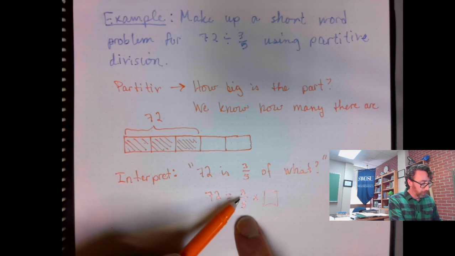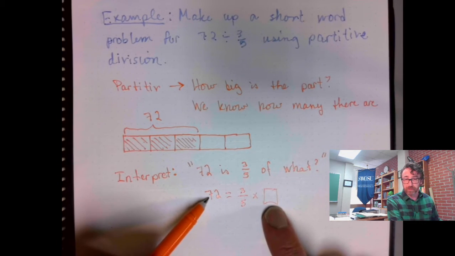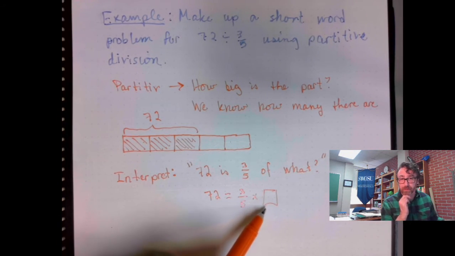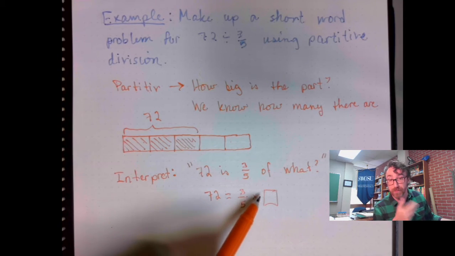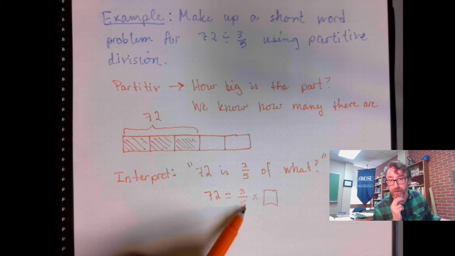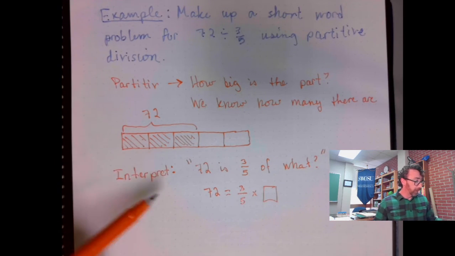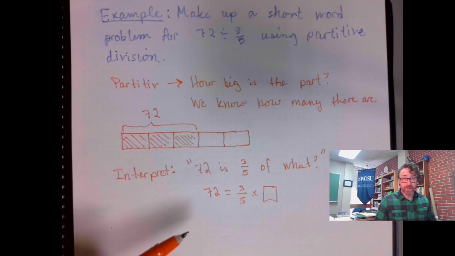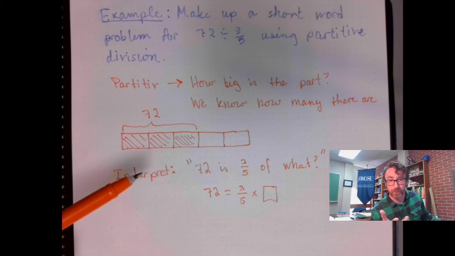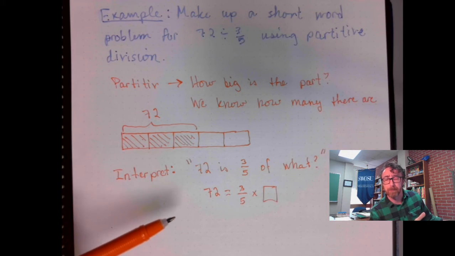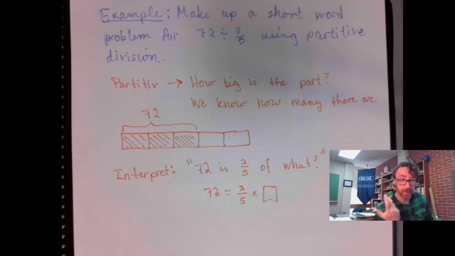So 3/5 times what gives me 72? Well, to get this value, I would divide by 3/5. And now once we understand this, we can come up with something really easy. In fact, we could mimic that very first example that we saw at the beginning of this video.